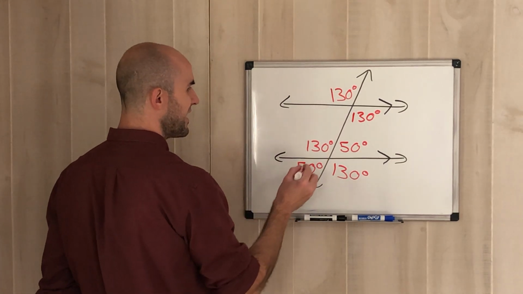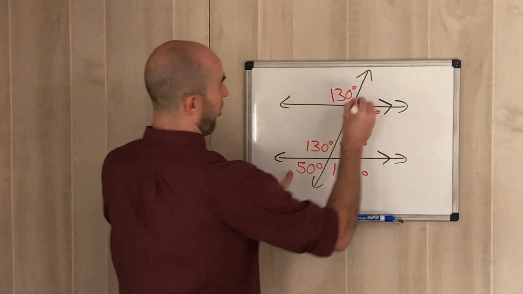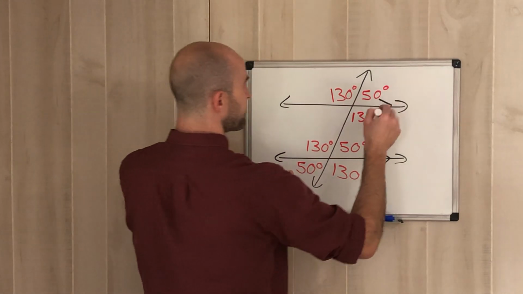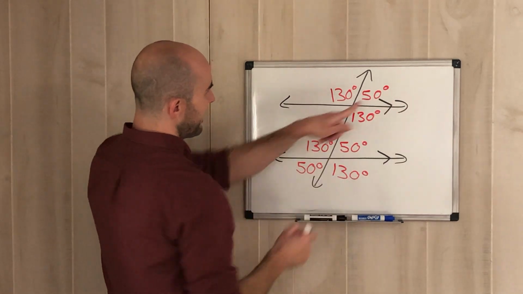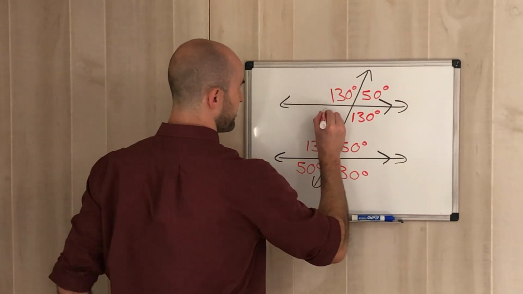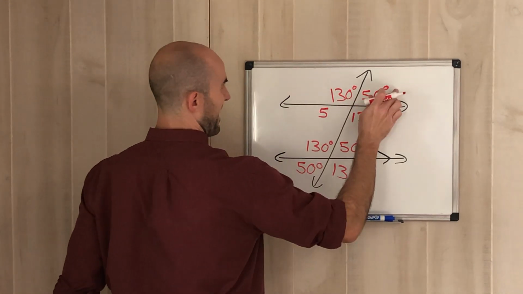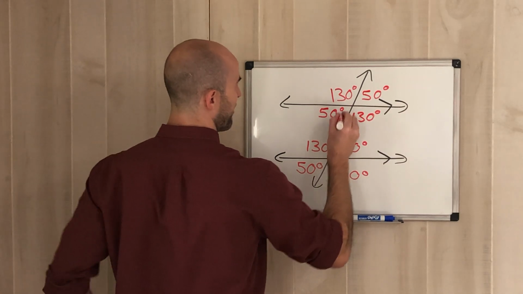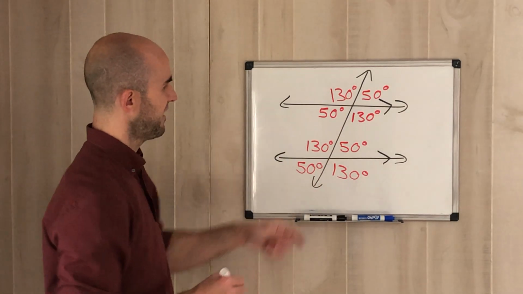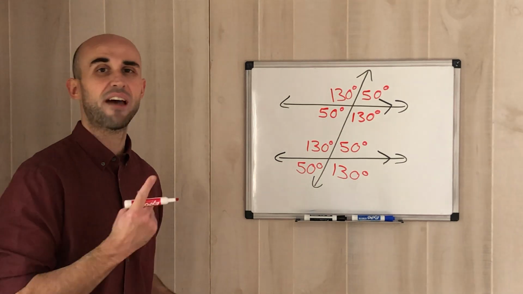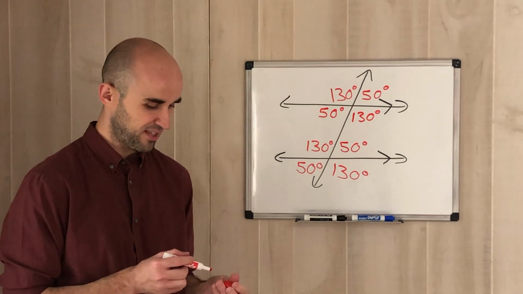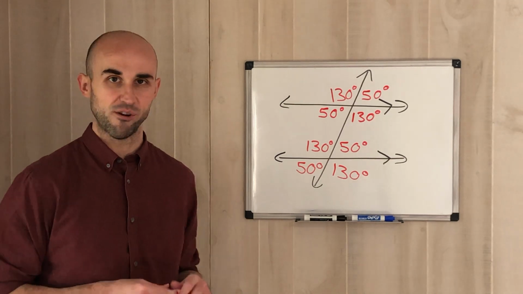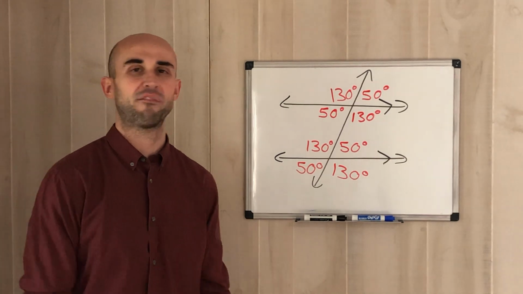If this is 50, automatically this is 50 because those two are alternate exterior. And if that's 50, this one here has to be 50 because of vertical angles again. That's the whole point, guys. Just having one angle, you can figure out everything based on those angle relationships. That's why it's so important to know those. Hope this helped. Let me know if you have any issues, guys.